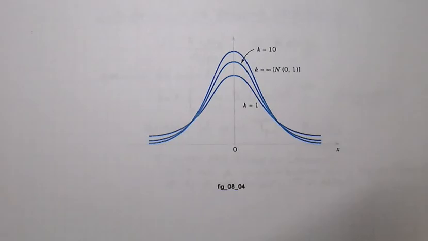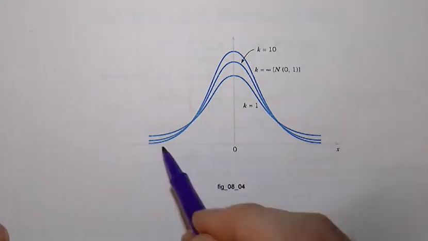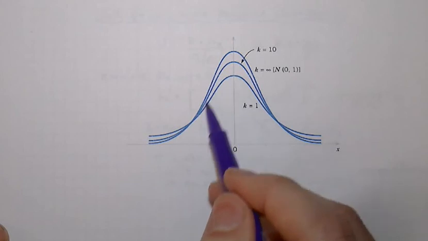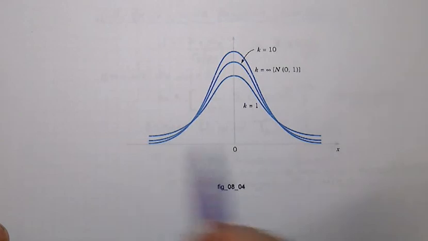We have in figure 8.4 a variety of different t distributions plotted. Here's one with k equals 1 degree of freedom, right? Lower height, it's still a bell shape. It's very much like the normal distribution, but it's going to have fatter tails. Lower height here means we have to push area out into the tails.